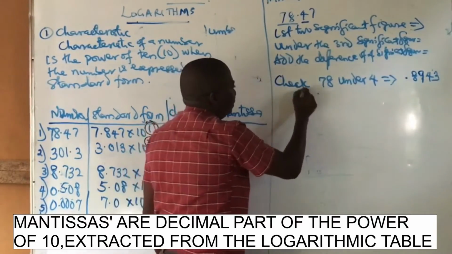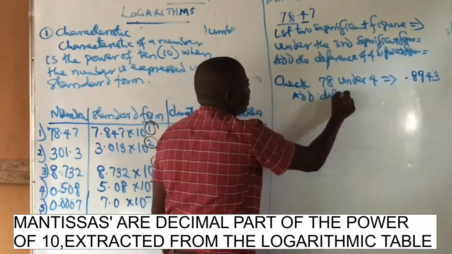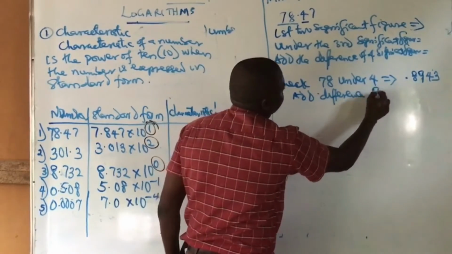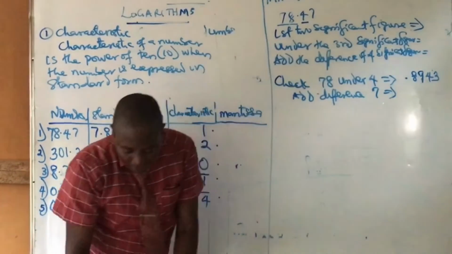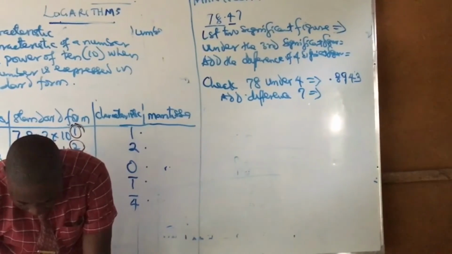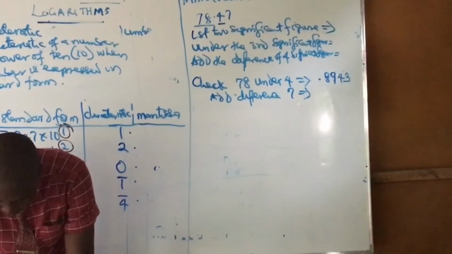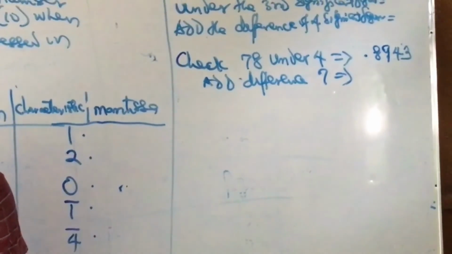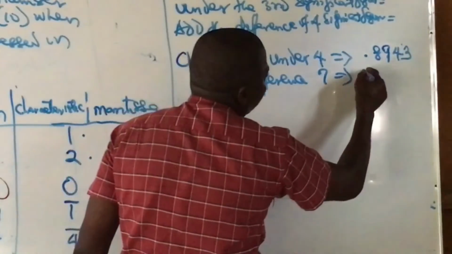Then add difference. The difference of 7: you go under difference, under the same 78. The difference of 7 here is 4. Then you add 4 plus 4.